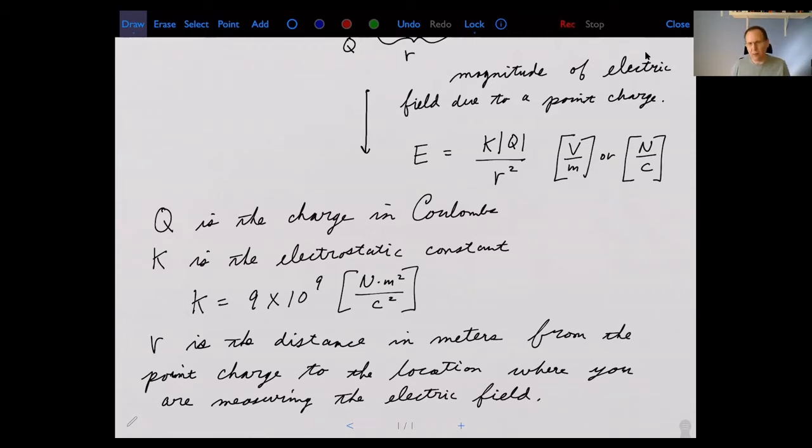Again, think of it as like a radius. It's a radial distance. Okay, so here, let's actually do an example where we calculate the electric field at some particular position due to a point charge.